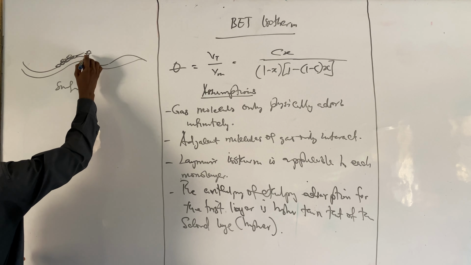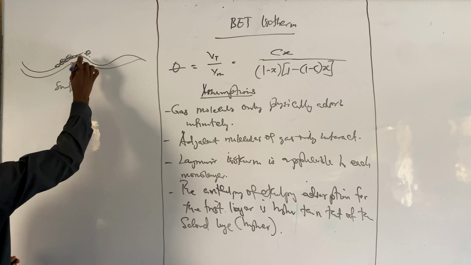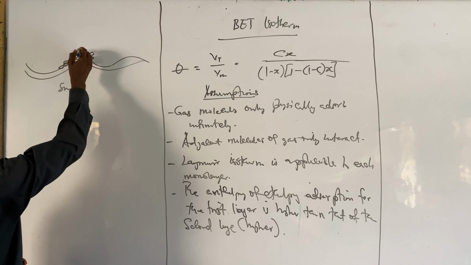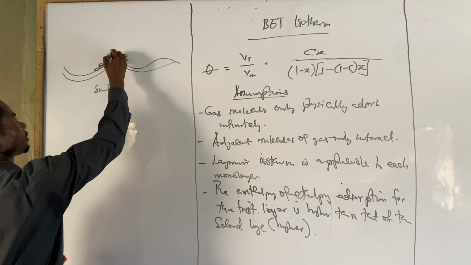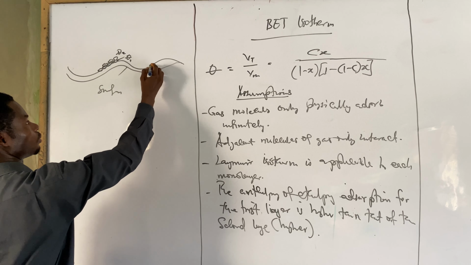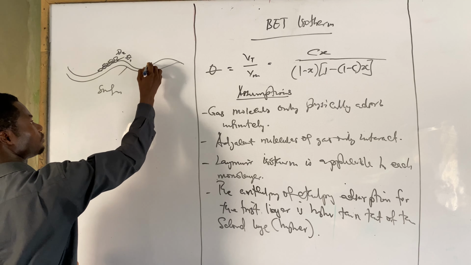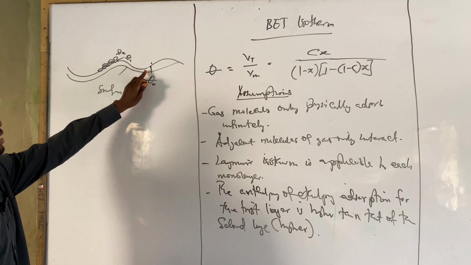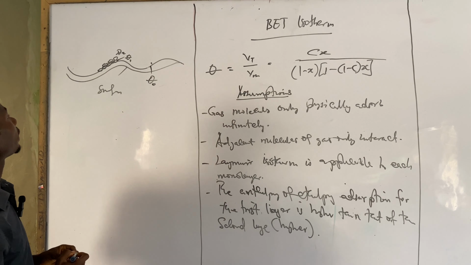If this one is theta 1, the first layer coverage, then this one is the second layer, theta 2. We take the bare surface to be theta naught. Take note of that.